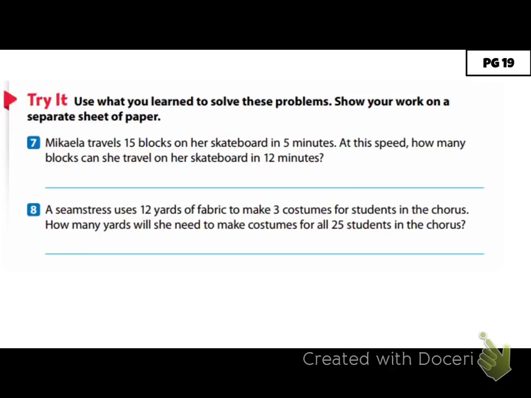Now, take a moment and work through number 7 and 8 on your own. Pause the video, and in a few moments, once you've tried these, you can resume the video to check your answers.